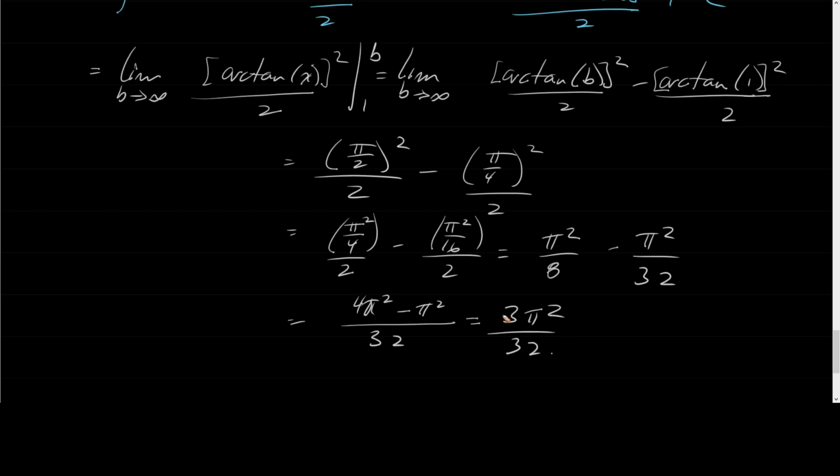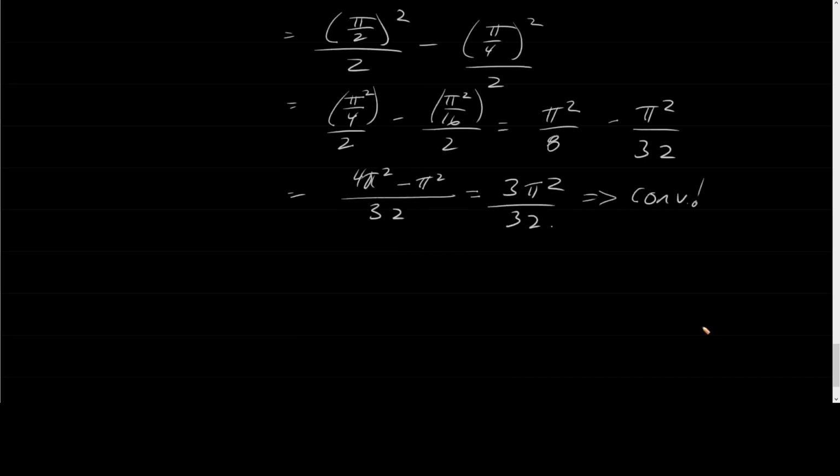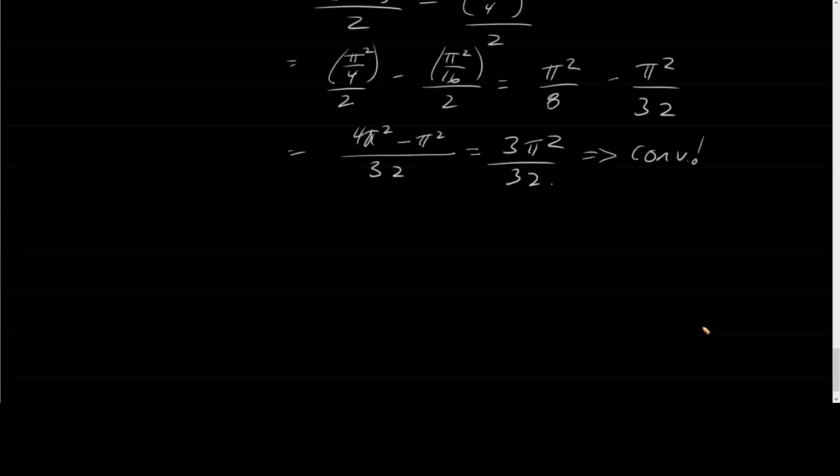And, well, what is that? That's an actual value, which tells us that our integral converges, right? It's a convergent integral. There we go. So that now tells us, so hold on, let's see what we found.